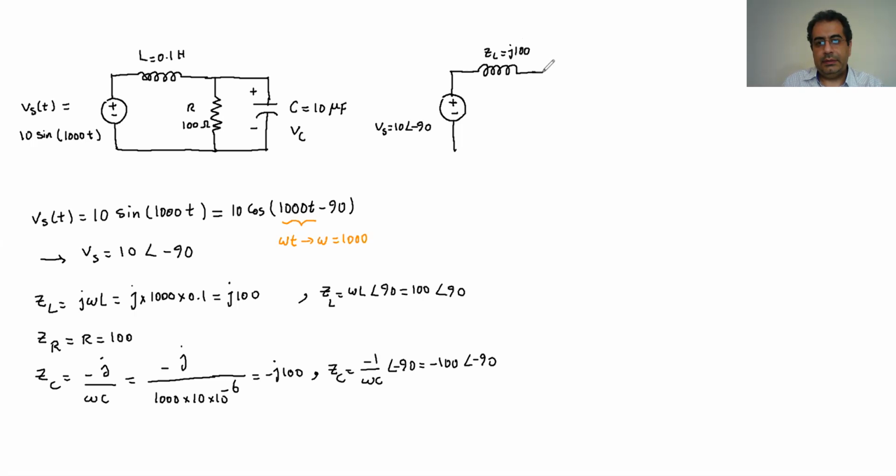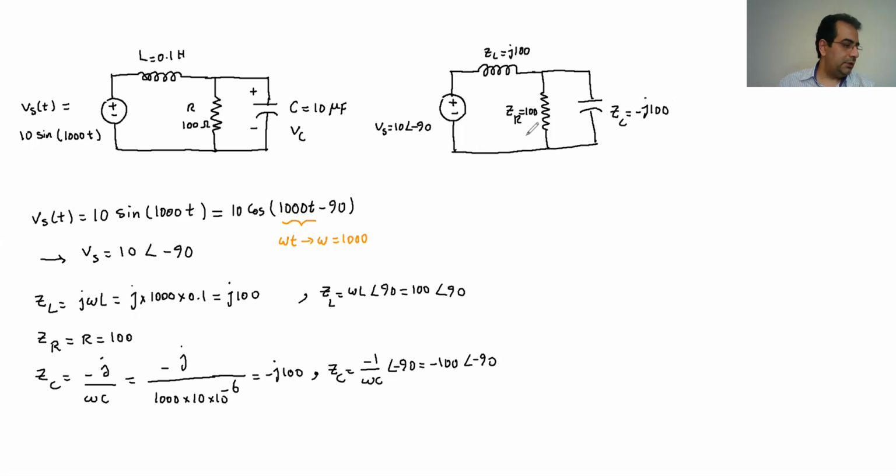Then I have a resistance, whose impedance is the same as its resistance, so ZR is 100, and then I have the capacitance, whose Z is negative J100.